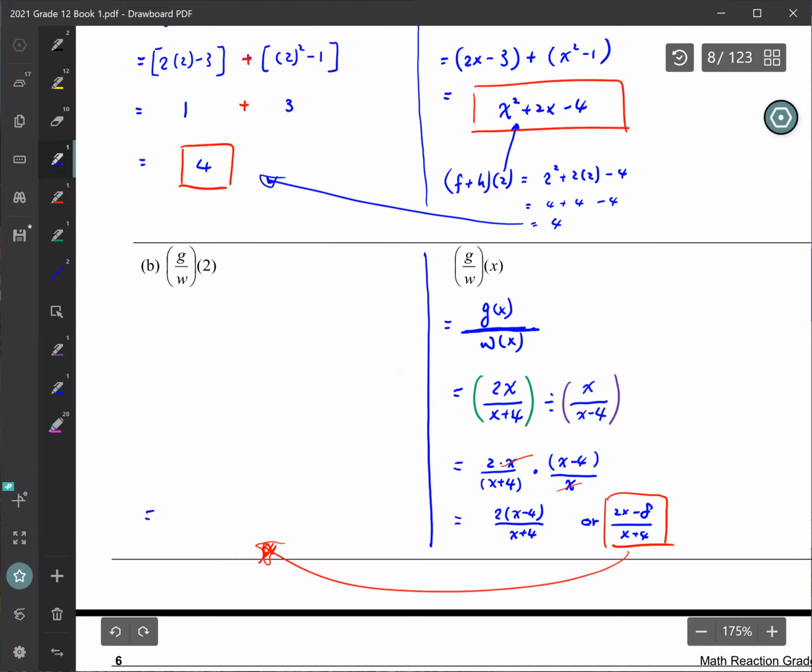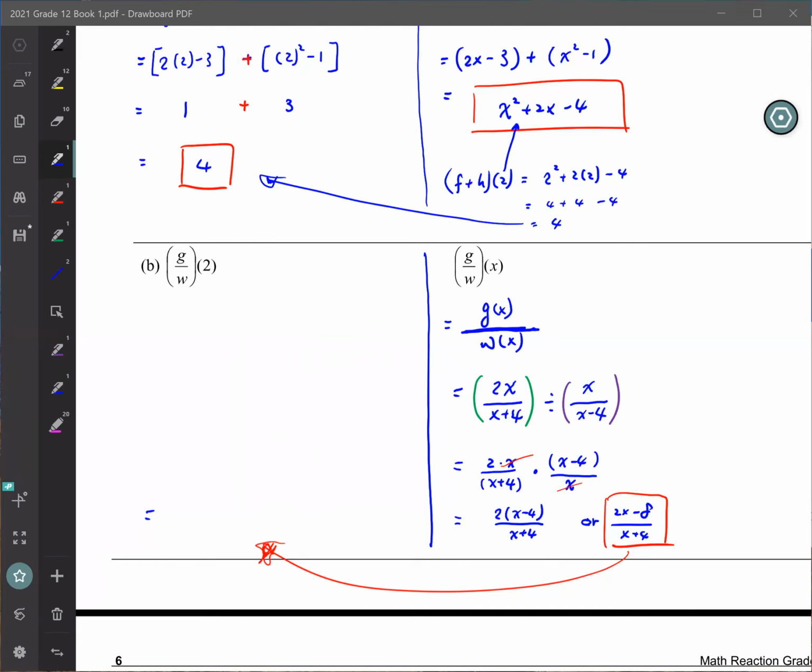So that means we need to plug in 2, right? Can you guys try that as well? Please plug in 2 into your result on the right side. Raise your hand if you get a number out. Plug 2 into the x of the red box.